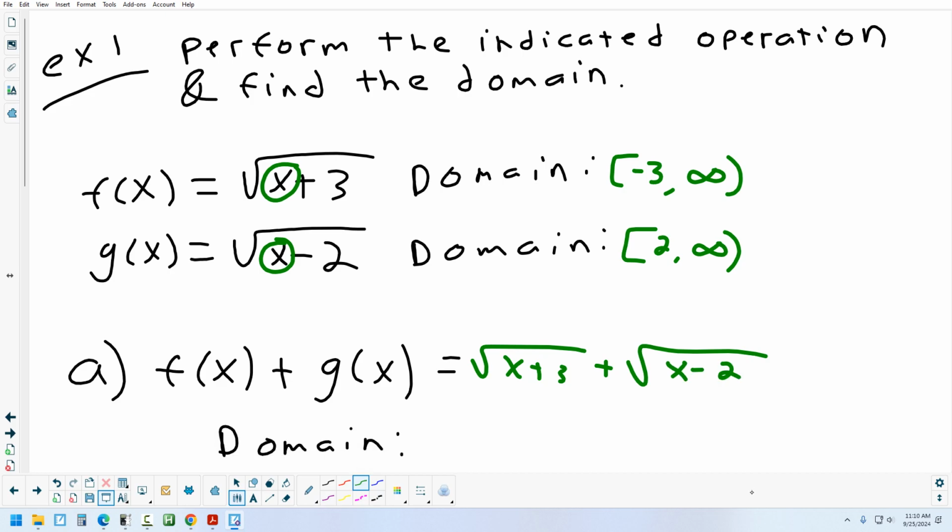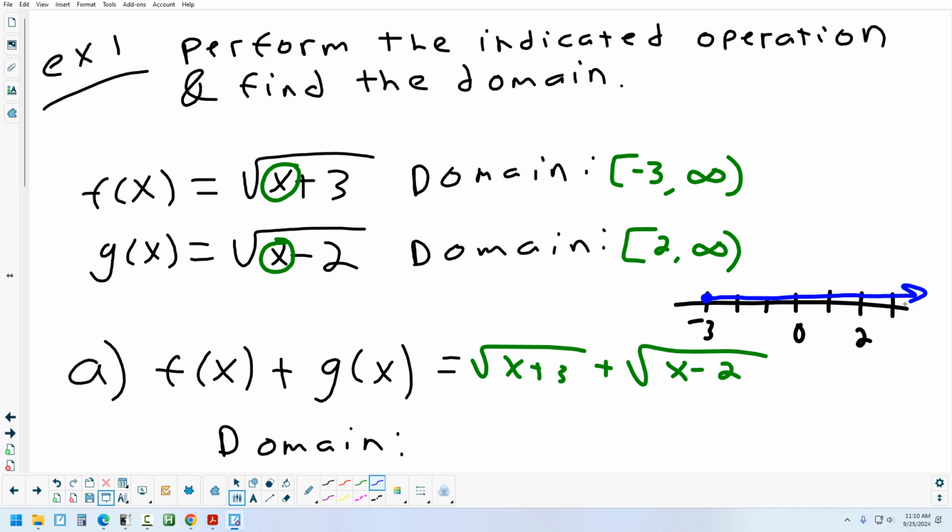Now I want to know the domain. The domain is the overlap from the 2 original ones. If you're not sure where the overlap is, think of these as pictures. The first domain, let's put -3, -2, -1, 0. The first one had a domain from -3 and up, so that would be from here, going that way forever.